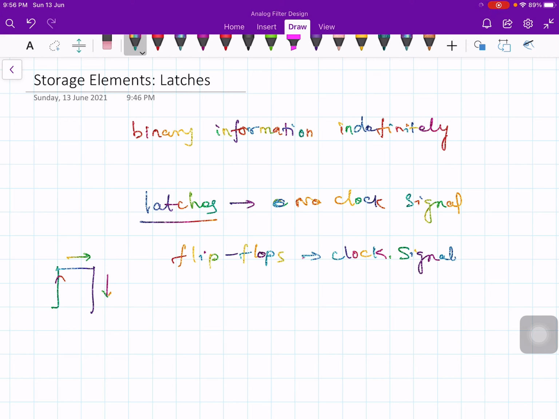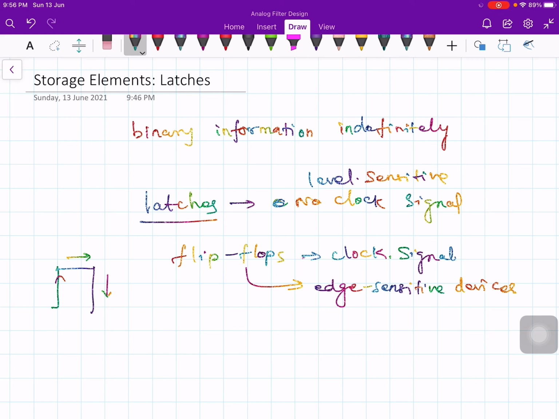So latches are like level triggering, level sensitive devices. On the other hand, flip-flops are edge sensitive devices.